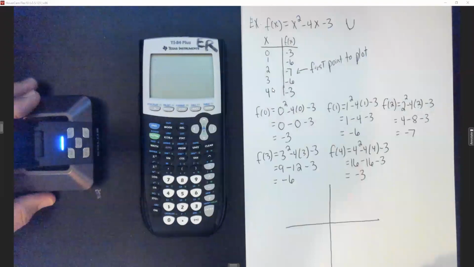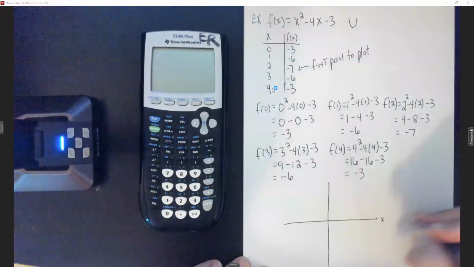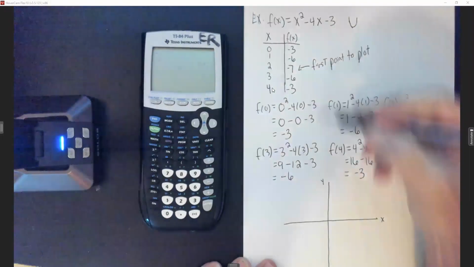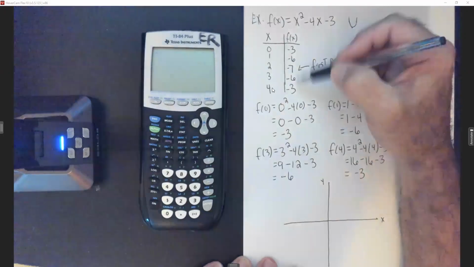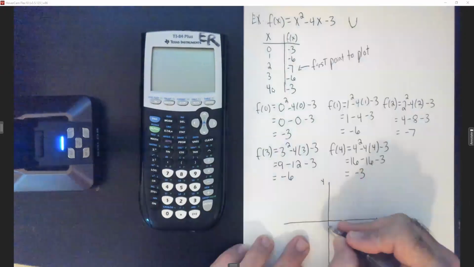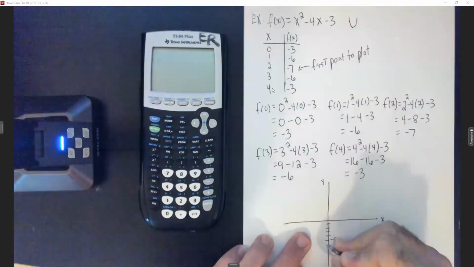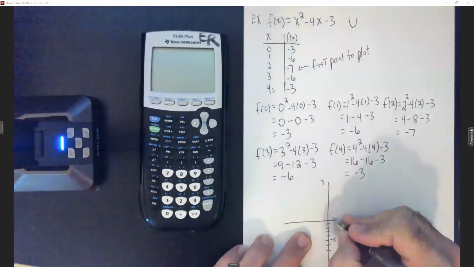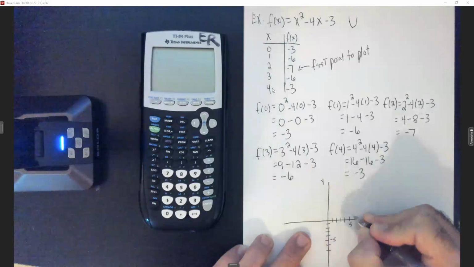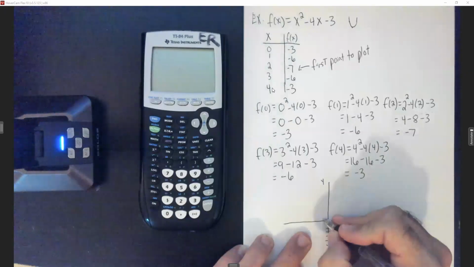Let me pull that down a little bit. So that's my X and my Y. It looks like my Y's go to negative 7, so I'm just going to make everything go out about 7.